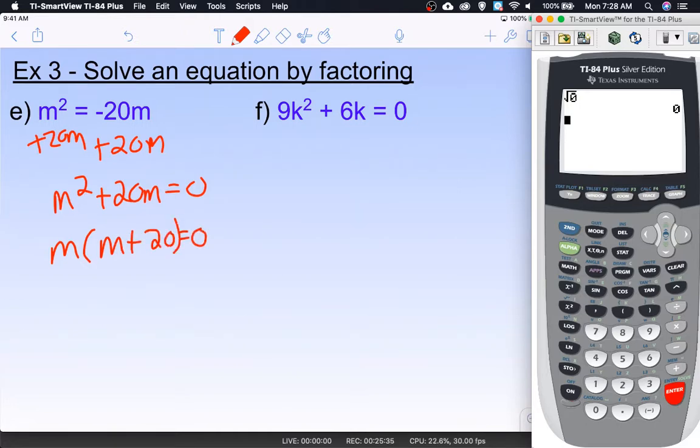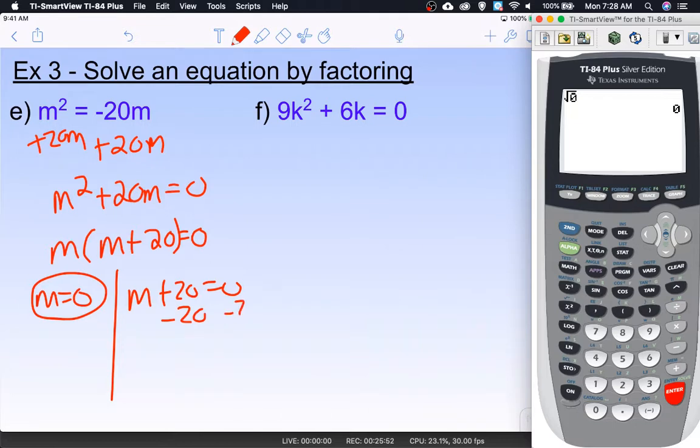When we set both pieces equal to 0, we have two simple equations that we can solve. So either m equals 0, like we have on the left, or when we subtract 20, m equals negative 20.